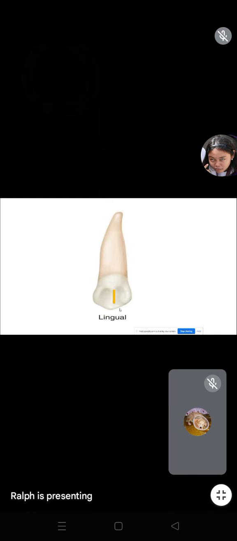Again, if you compare canines in general to incisors, in incisors you only have one lingual fossa and no lingual ridge. For the canine, you still have a fossa, but there are already two fossae separated by a lingual ridge.